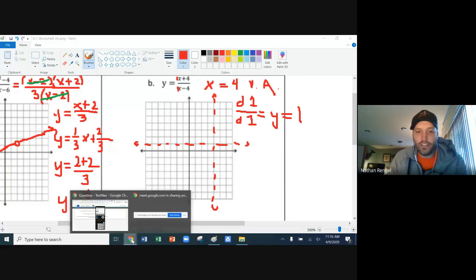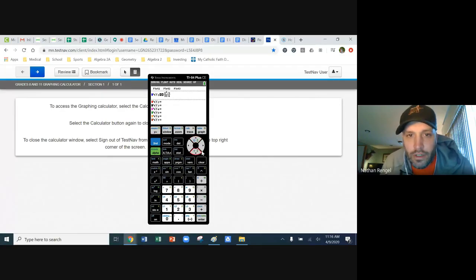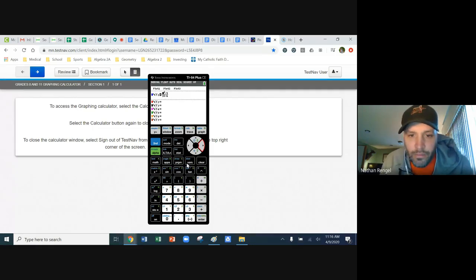Then you can head to your calculator. And I'll head back to that if you missed it. So it'll just be a second here. Head up to our numerator. We had x plus 4. Denominator x minus 4.